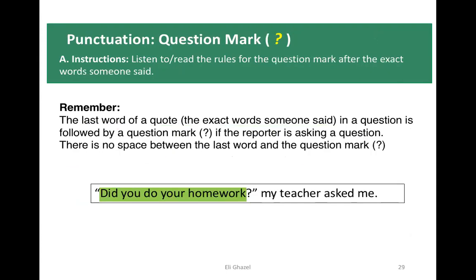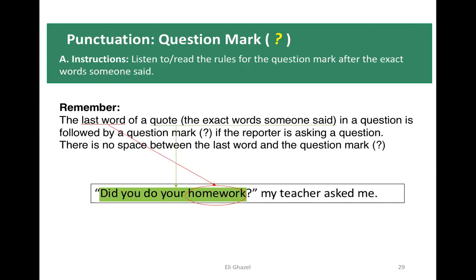Now we're going to go to the punctuation using the question mark. The last word of a quote, the exact words someone said, in a question is followed by a question mark if the reporter is asking a question. There is no space between the last word and the question mark. Let's have a look. The last word in the quotation, homework. And the exact words are, "Did you do your homework?"